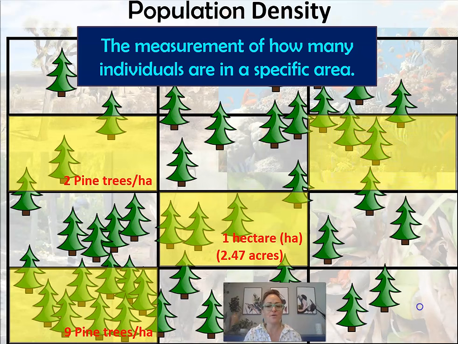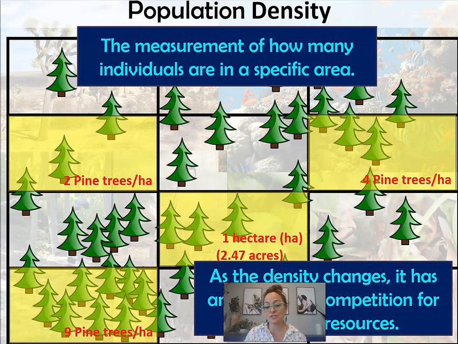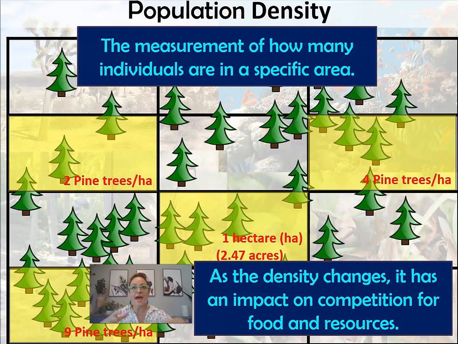Now, when we talk about populations, how many individuals are in a given area determines its density. So for example, I teach in California and my average class size is about 40 to 42 students. Now 40 students in one classroom is a high population density compared to another classroom that may have only 20 students.